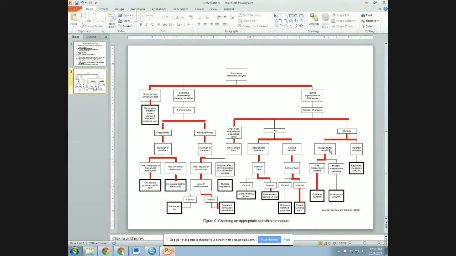Okay, so again, we're comparing means. One mean is a one sample t-test. Two means that are independent is an independent samples t-test. Two means that are related is a paired sample t-test. And more than two means is a one-way ANOVA. We're just going to deal with one-way ANOVA for now.